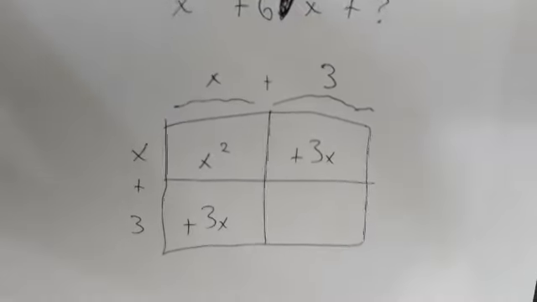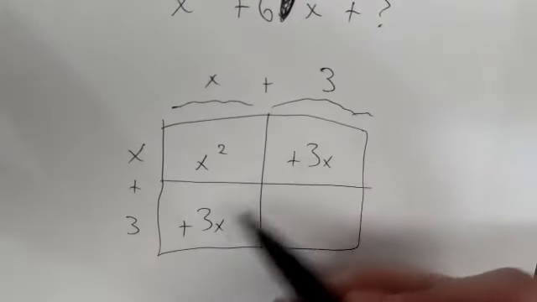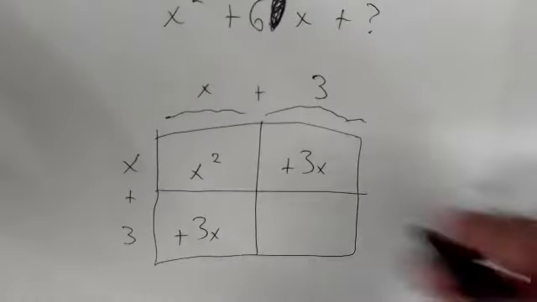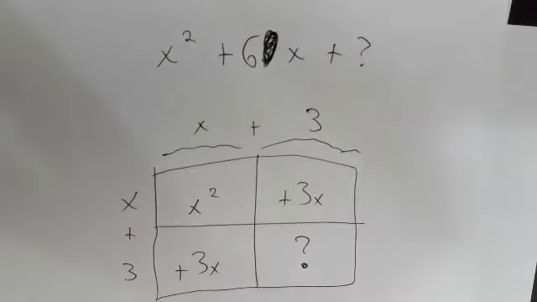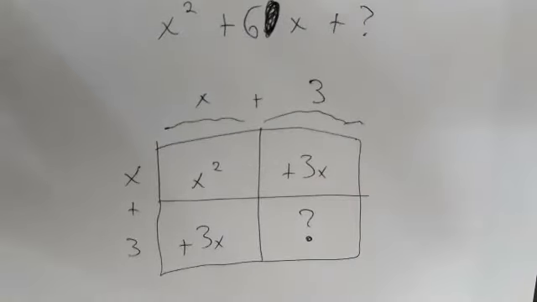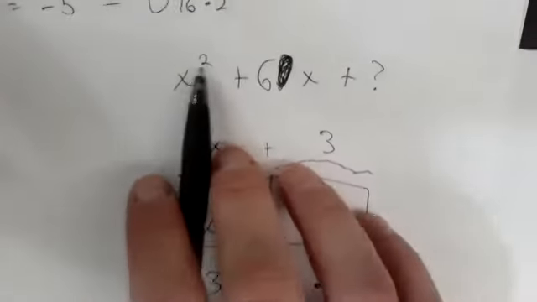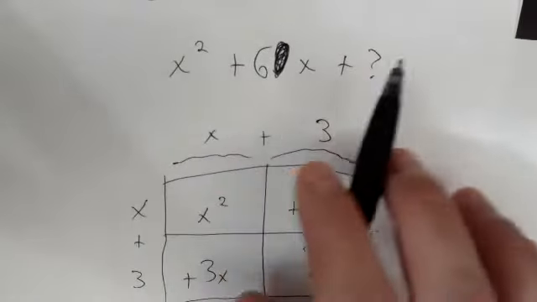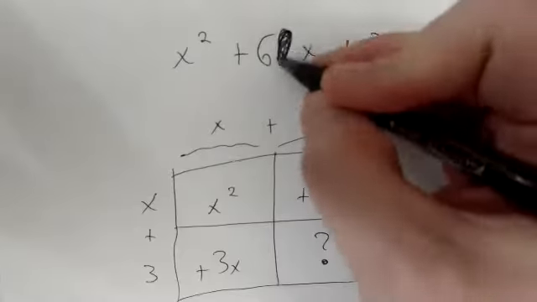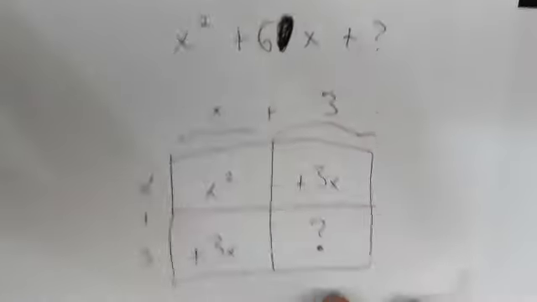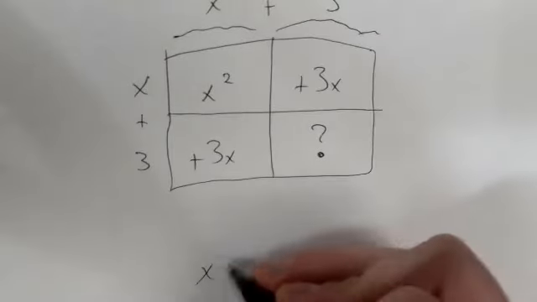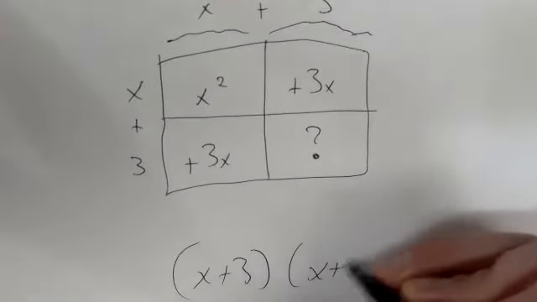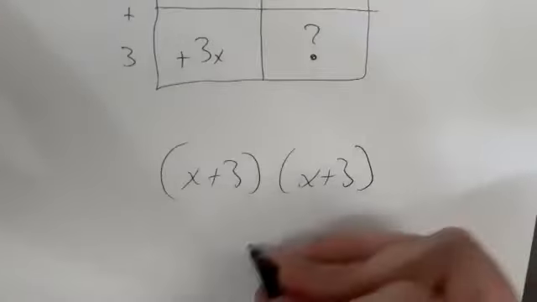What we're asking ourselves is, what would this constant have to be for this to be a perfect square, the perfect square being x plus 3 squared.